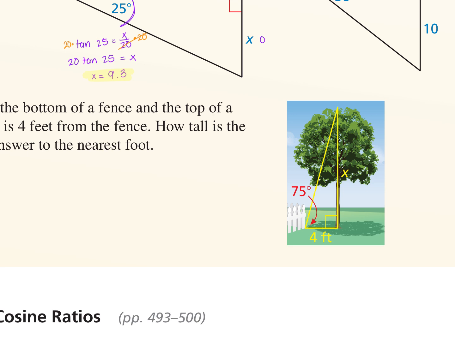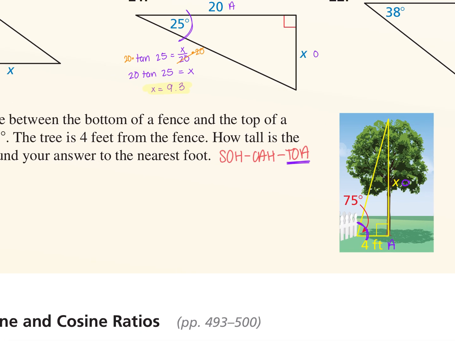So I'm going to go ahead and write my SOHCAHTOA. And according to the angle, what are they giving me? Here's my angle. They're giving me my opposite side, which is my x, and my adjacent side, which is my 4, so I'm going to use tan.